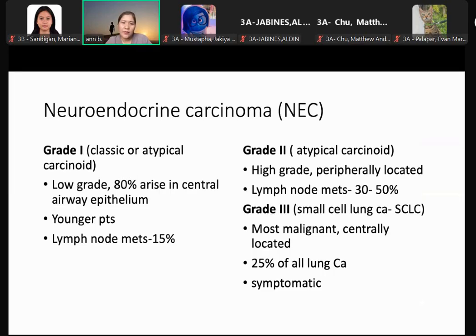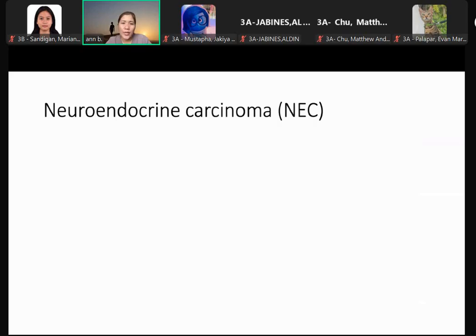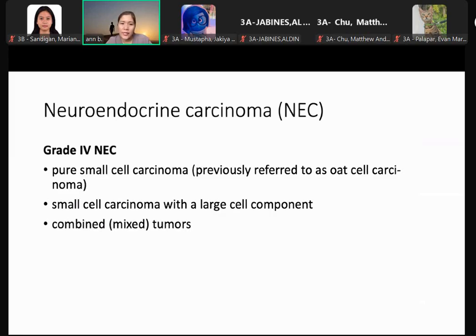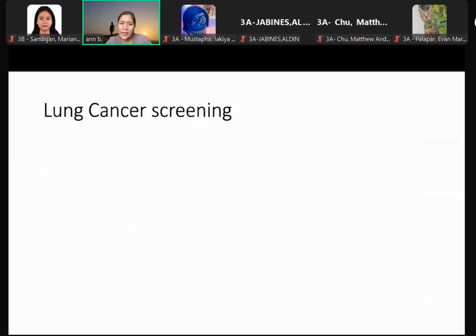Patient is symptomatic already. Most of the neuroendocrine carcinoma in the lung presents with pain. In grade 4 NEC, this is a pure small cell carcinoma. This is a very aggressive tumor, small cell carcinoma with large cell component or combined tumor. So that is for the pathologic type of the tumors.